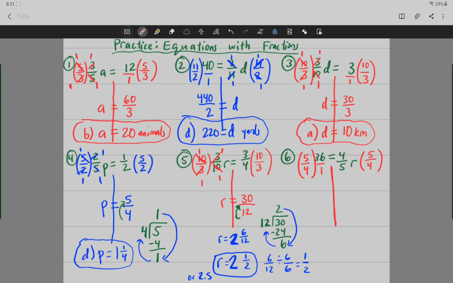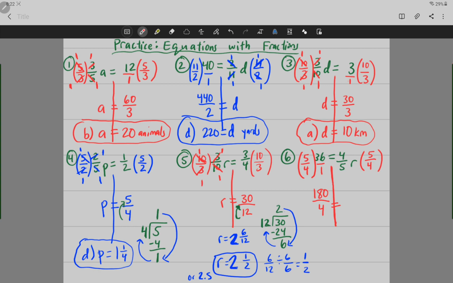Again, we can cross cancel if you're comfortable doing it that way. But for this one, I'll just multiply the numerators. 5 times 36. Again, you can work it out, or you can use a calculator, either one. But 5 times 36 will give us 180 over. Denominators, 4 times 1 is 4. Bring down our equal sign.